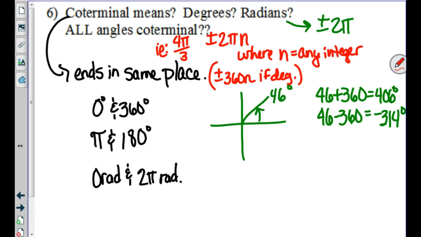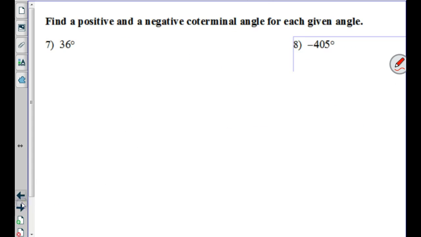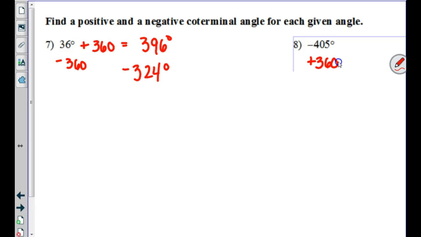All right. Enough about that. So quickly, how would we find a positive and negative angle coterminal with 36? Anybody? Add 360 and we'd get 396. Did I do that right? Subtract 360 and we'd get negative 324. Thank you. What if it's already negative? Well, we could add a 360 and get, is that negative 45?